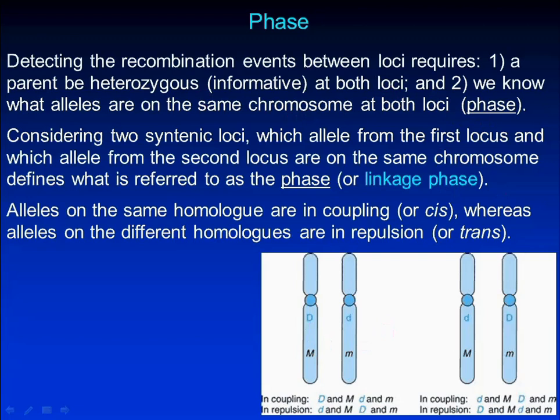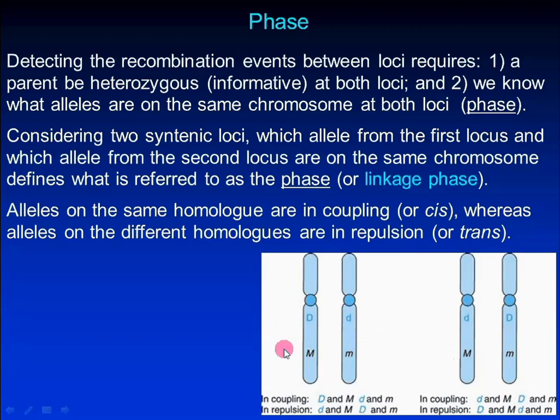This person has 2 possible phases. One is that capital D and capital M alleles are on the same chromosome. The second possibility is that small d and capital M are on the same chromosome. This information needs to be provided before gene mapping.